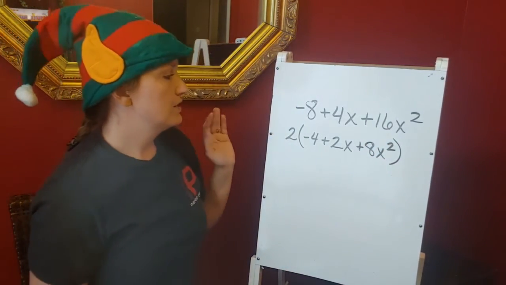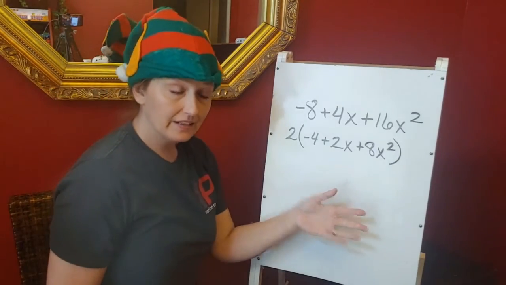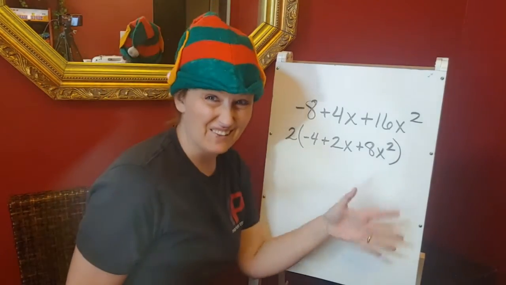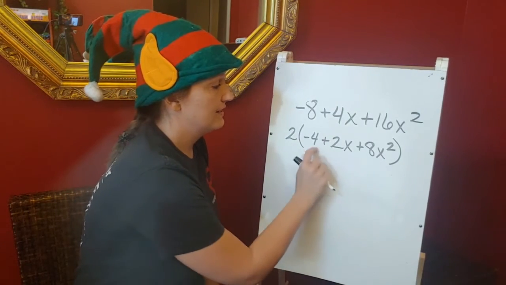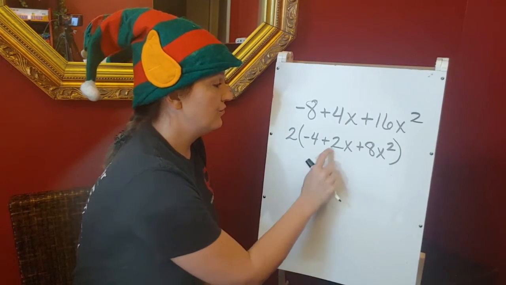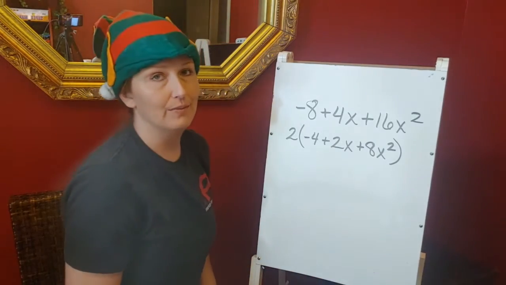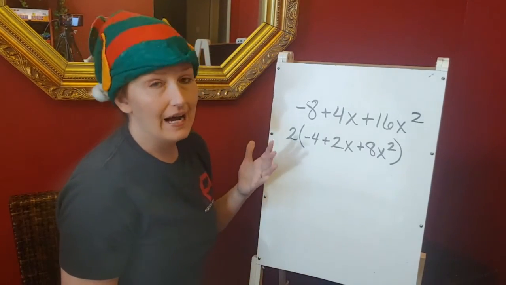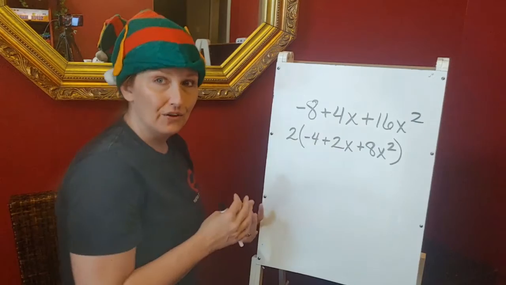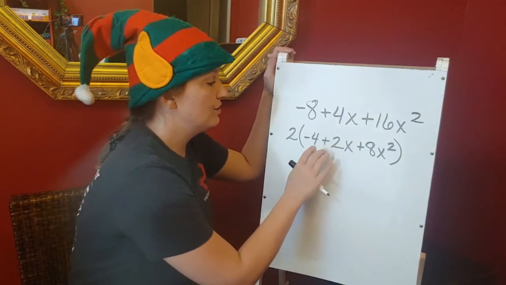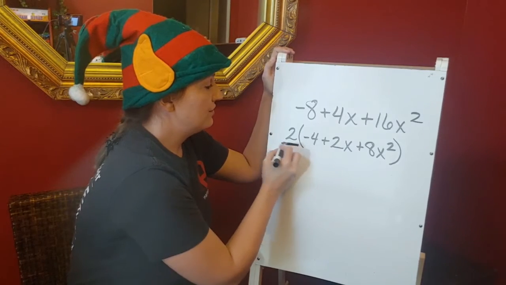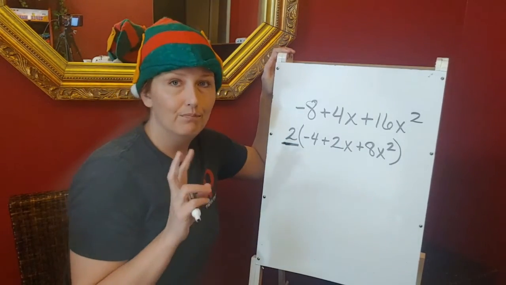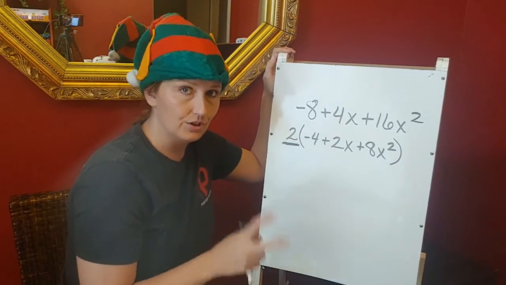So this is factored, but it's not factored all the way. Because I can look inside these parentheses and see that each one of these terms is still divisible by 2. So I can factor out another 2. Now if I pull a 2 from each one of these, and I already have a 2 out here, I'm going to multiply those 2's.